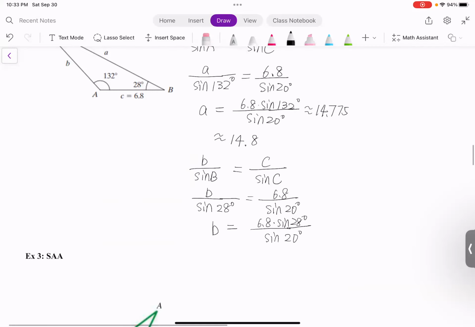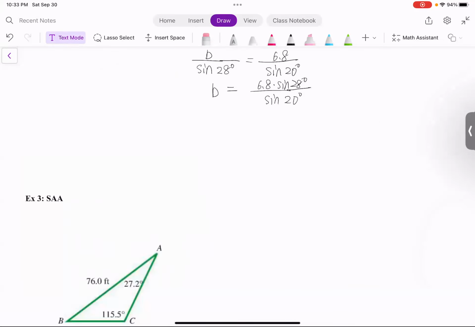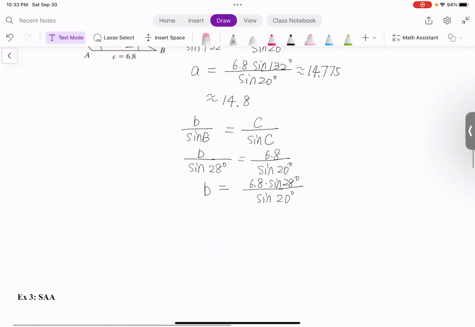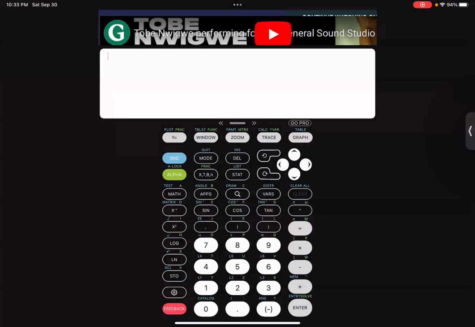Okay, so let's find the solution. Let me make more space here. Okay, let's use our calculator to find the value. We can have 6.8 times sine 28, all divided by sine 20.